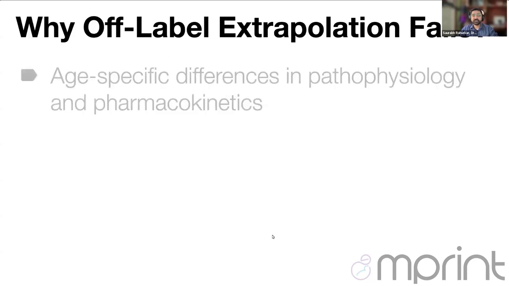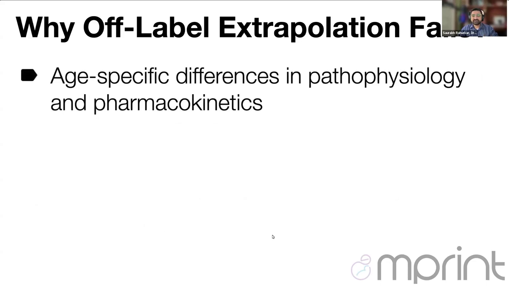in this population. I want to briefly revisit the problem with off-label extrapolation, not from a regulatory lens, but from a pharmacologic risk perspective. Pediatric drug metabolism doesn't scale linearly. Age affects absorption, distribution, metabolism, and clearance, so assumptions from adults often fall apart in kids.